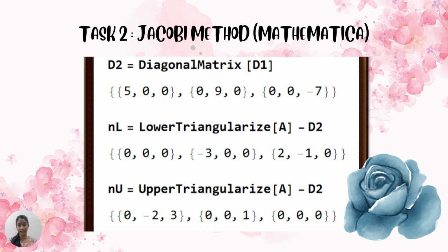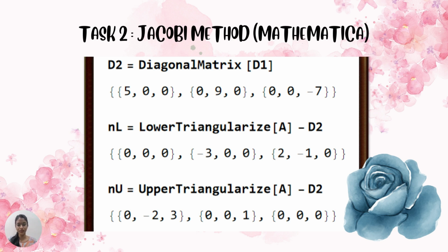Next, as you all can see, I found the lower triangular part of matrix A, but I subtracted the diagonal matrix from it. I did so because I want the strictly lower triangular part of matrix A, which doesn't include the diagonal.